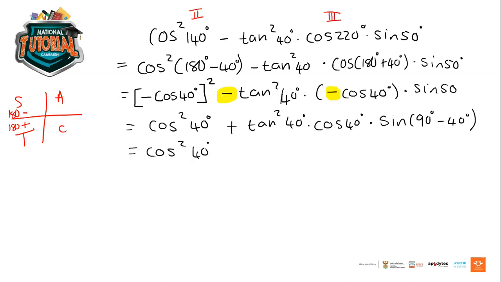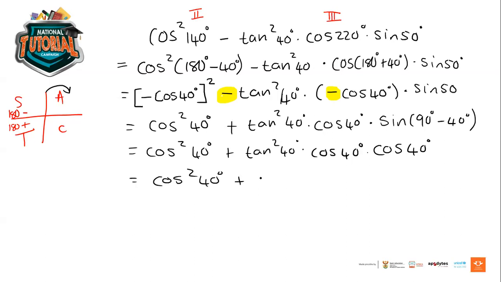So we've got cos squared 40 plus tan squared 40 times cos 40. Sine of 90 minus, remember, brings us back into quadrant 1. So it's going to be positive, but it changes to a cos because it is a 90. It's a co-ratio. So what we've got here is cos squared 40 plus tan squared 40.